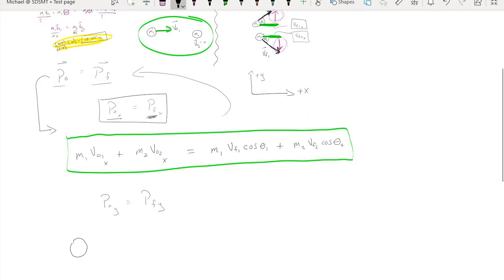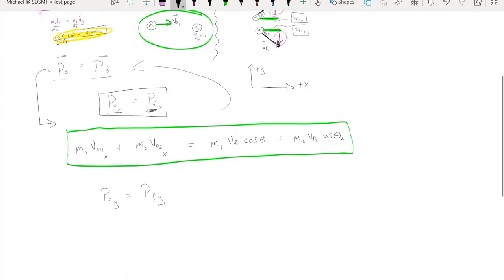Mass 1 had all of its initial velocity in the x direction and mass 2 was stationary. We could always generalize this if we wanted to. We could say mass 1 has some initial component in the y direction for its velocity. Mass 2 has some initial component for its velocity in the y direction, but we already know that those are both 0.